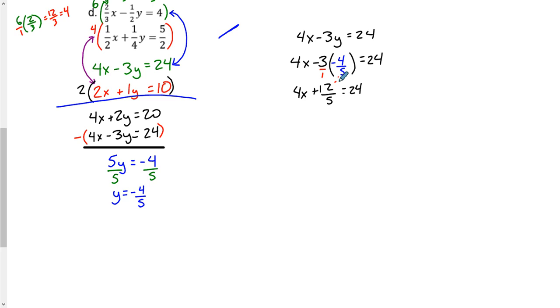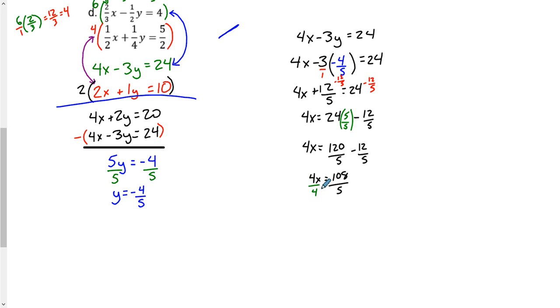And I have to subtract my 12/5 over to get my x by itself. I can't subtract fractions without a common denominator. So I get my common denominator, multiplying by a funky form of 1. And what do we get? 4x equal to 108 over 5.